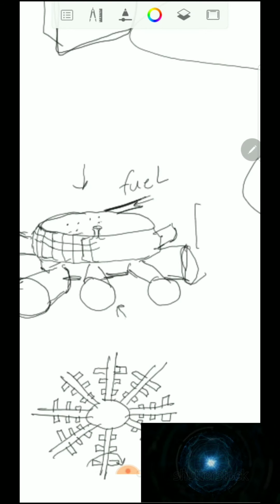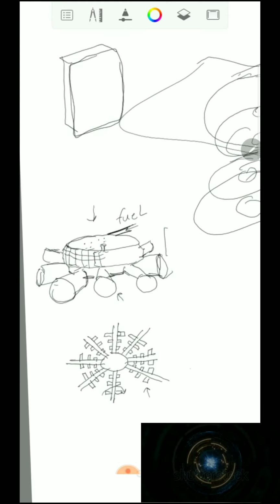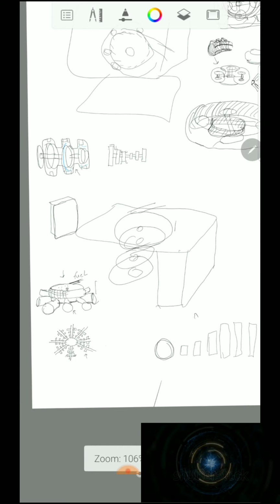So for example, fuel is just injected whenever the plasma needs to be refueled over a certain duration of time.